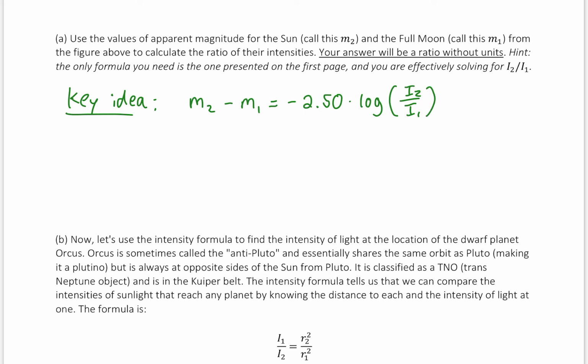And if you're worried about getting the right logarithm in your calculator, just make sure that you have the one that's log and not the one that's ln. You want the one that looks exactly like this, and it will always be base 10 unless you specify otherwise. So the default will be the one you want, as long as it says log.